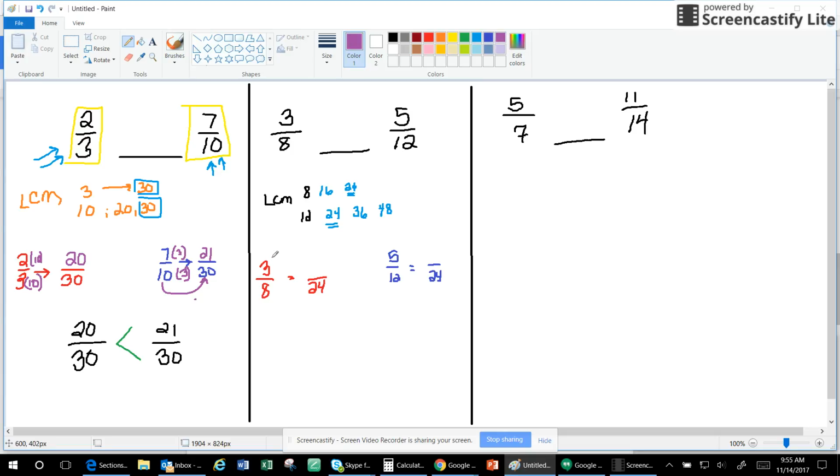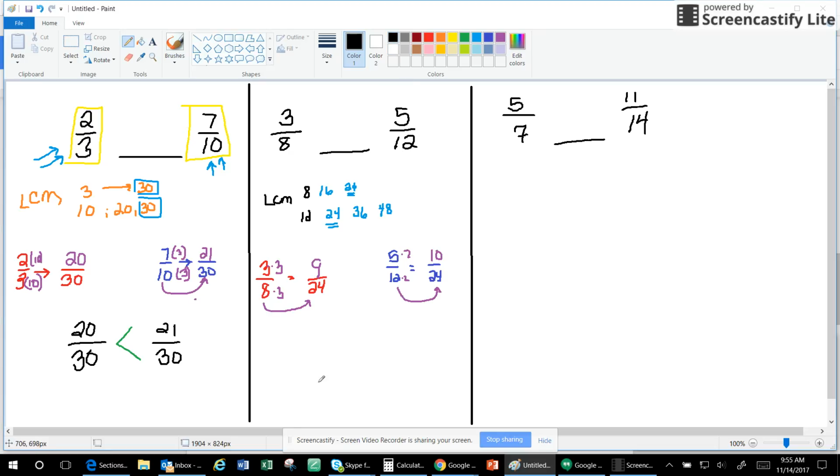When we think about this, 8 times what gets me to 24, and that would be 3. So I need to multiply the top by 3 as well. This becomes 3 times 3 is 9. So this fraction is 9 over 24. For 5 over 12, 12 to get to 24 is times 2. So I need to do that to the top as well. 5 times 2 is 10.